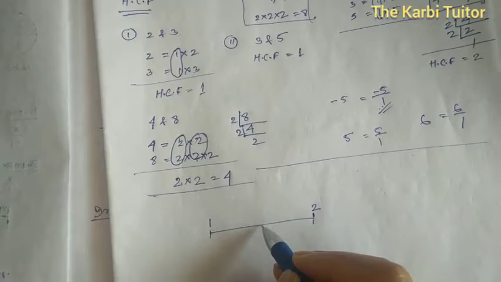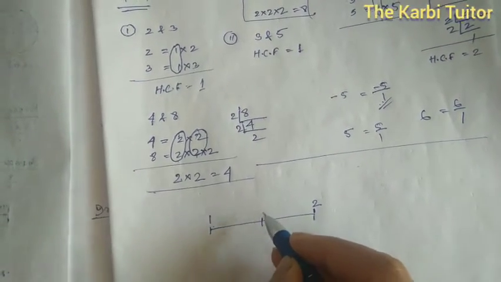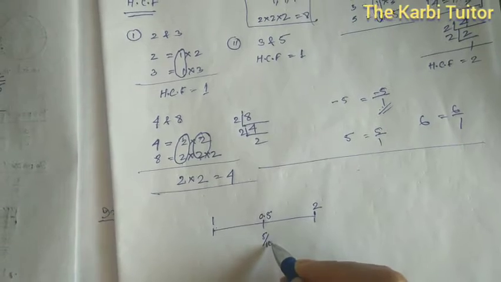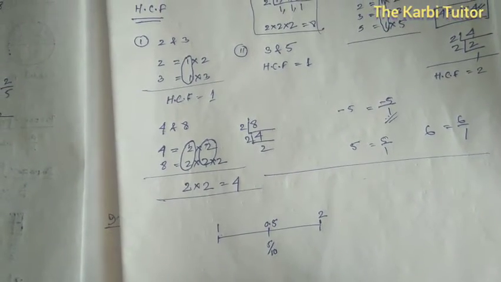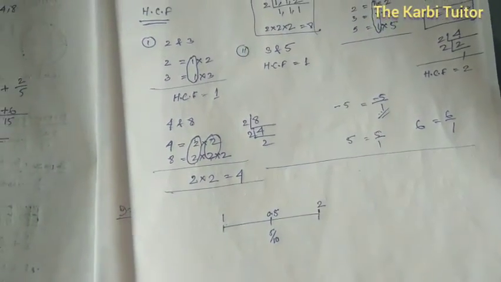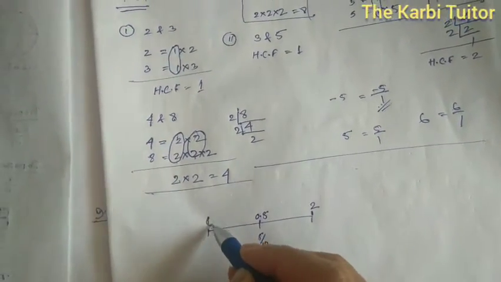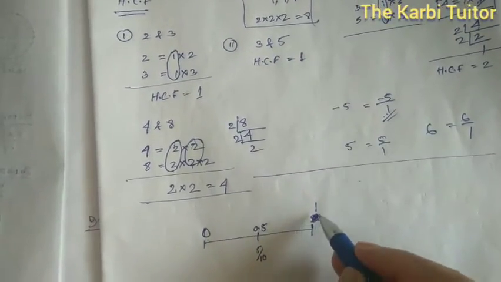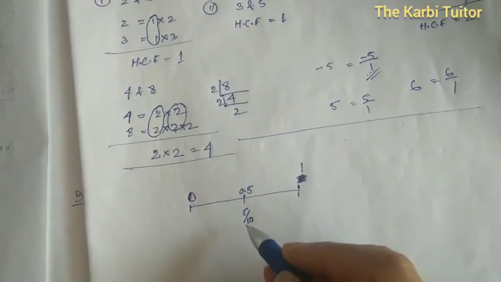Then suppose this is 0.5, there we can write as 5/10. So this is a rational number. Wait, this is 0 and 1. Between 0 and 1, this is a rational number.